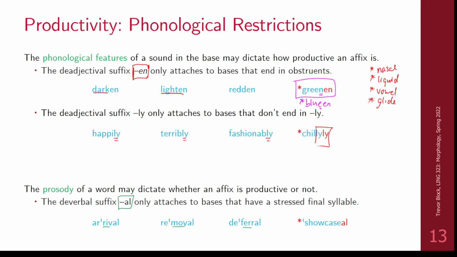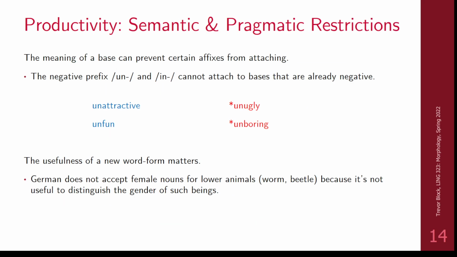So when we say showcaseal, it sounds really weird. Now, if we change the stress to make a showcasal, to make a showcasal out of something, we can make it sound better. So if we want to put the al suffix on something, it has to attach to a stressed final syllable. So these are cases where the phonology is restricting productivity.